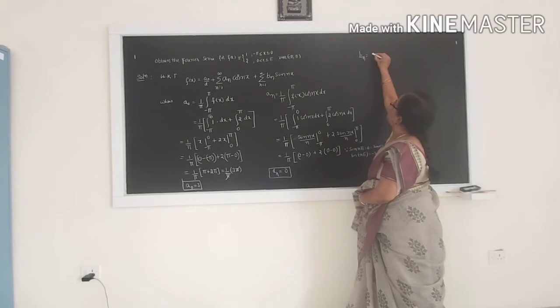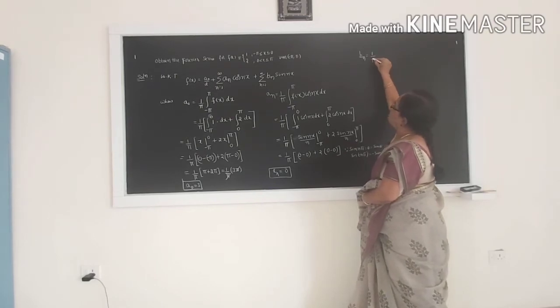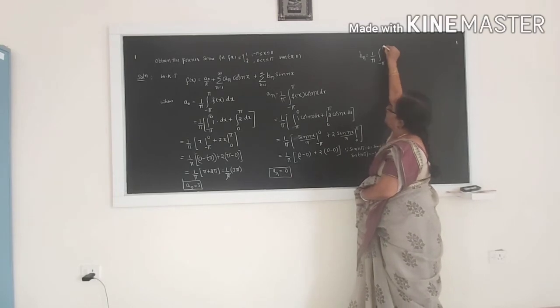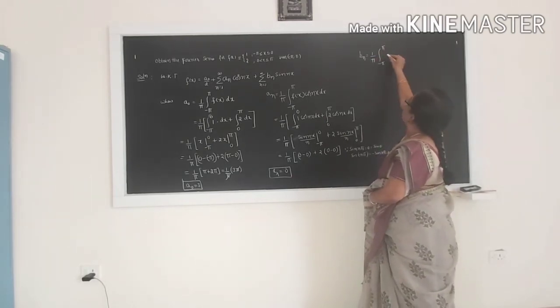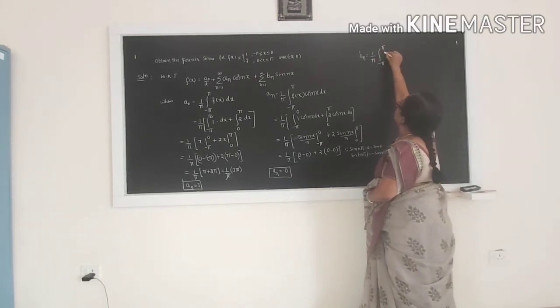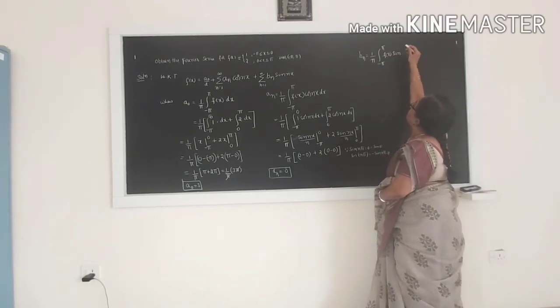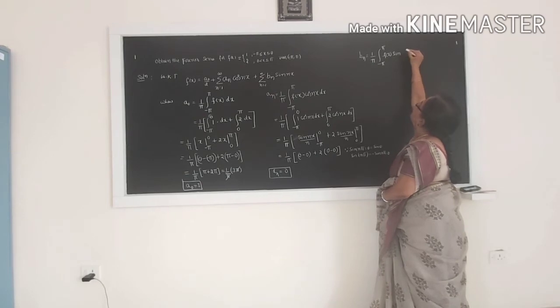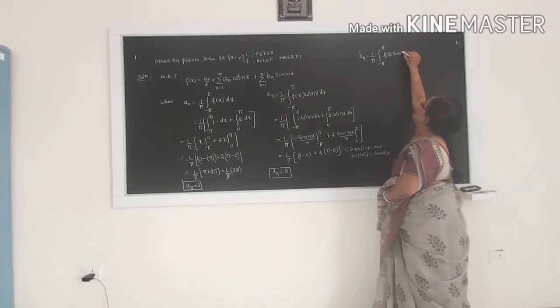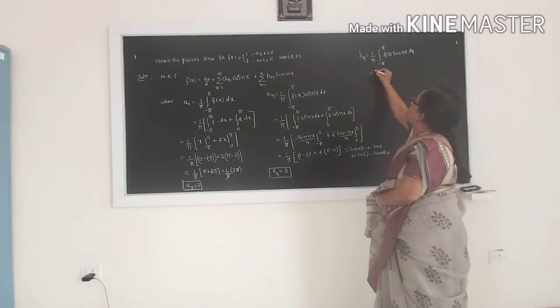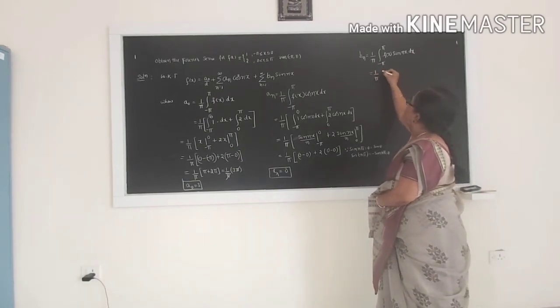Bn is equal to 1 by pi times the integral from minus pi to pi of f of x into sin n pi x by L, which means sin nx, into dx, which is equal to 1 by pi into.